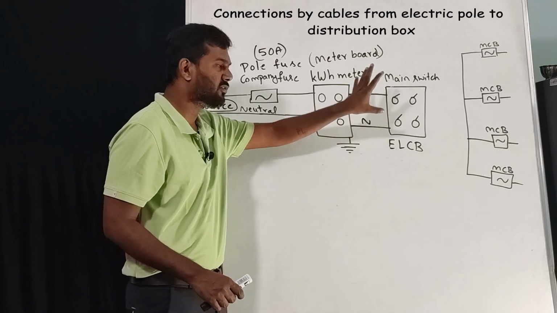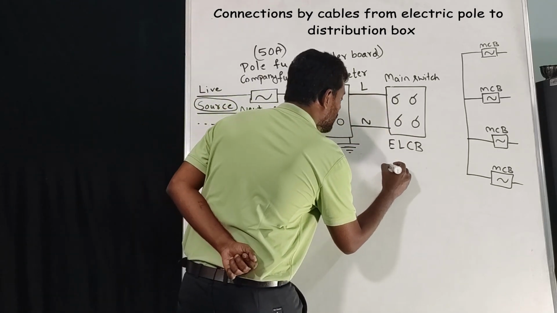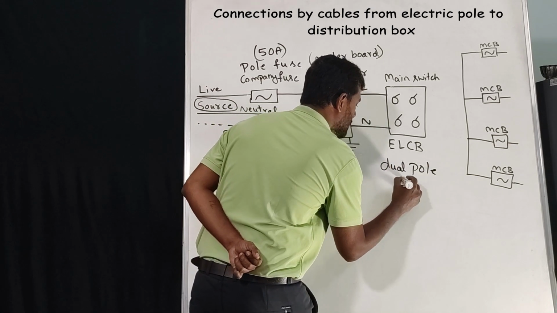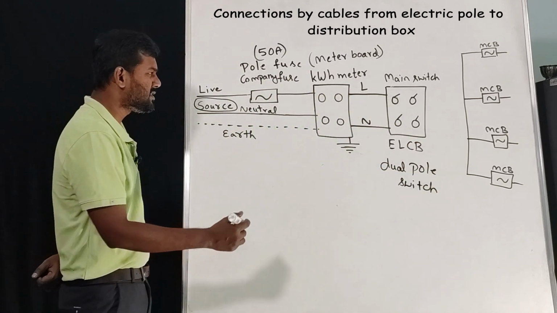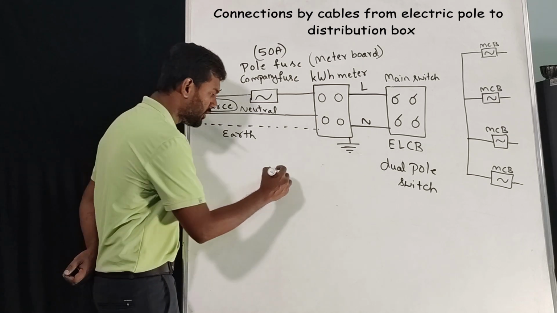Now what is the function of this main switch? This main switch acts as dual pole switch. What do you mean by dual pole switch? Very simple, but whatever explanation I am giving, that is not there in the textbook. Don't worry.